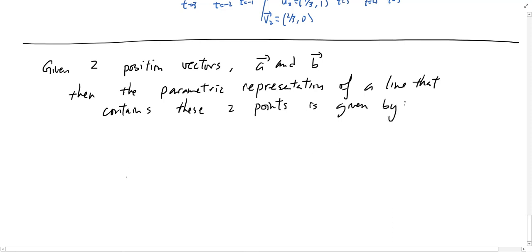Remember, we basically just need a direction vector and a position vector to define the line. So how do we find that?